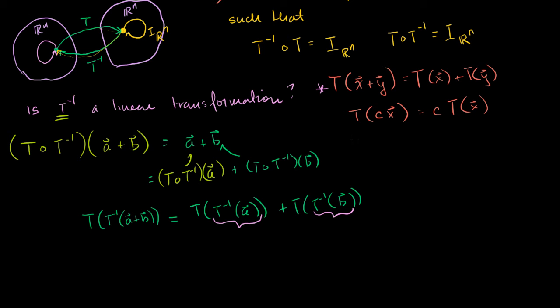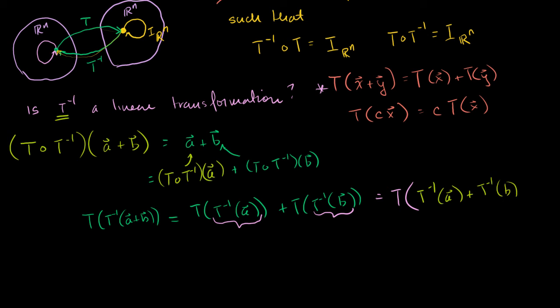So in this case, I have a T applied to one vector, and I'm summing it to a T applied to another vector. So it's this right here, which we know is equal to T applied to the sum of those two vectors. So this is T applied to the vector T inverse of A. Let me write it here. So this is going to be equal to T inverse of A plus T inverse of B.